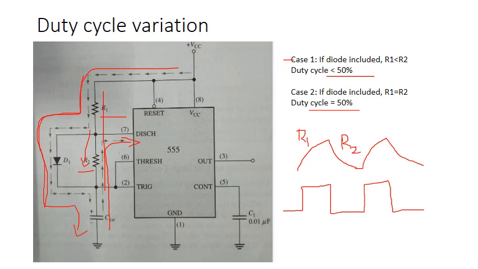Why? Because we don't connect any input to this. Whenever supply is given, the current starts flowing and the charging and discharging is happening over here. So it's a free running oscillator. To produce a square wave or any wave of a particular duty cycle, just the supply is more than enough.